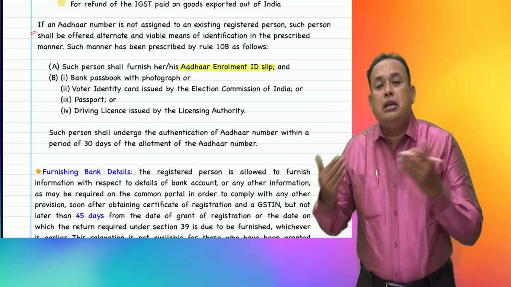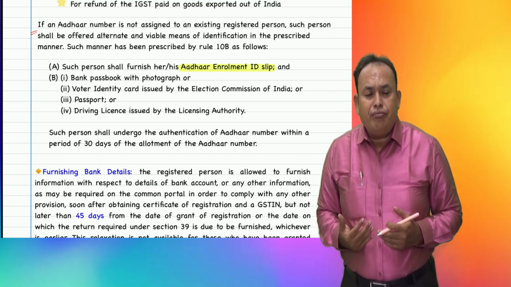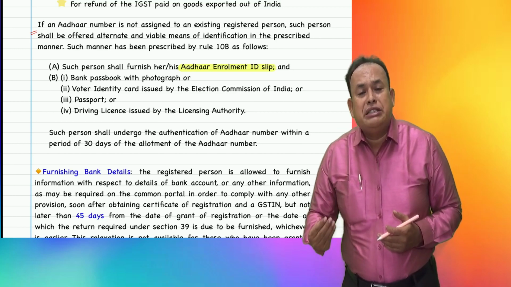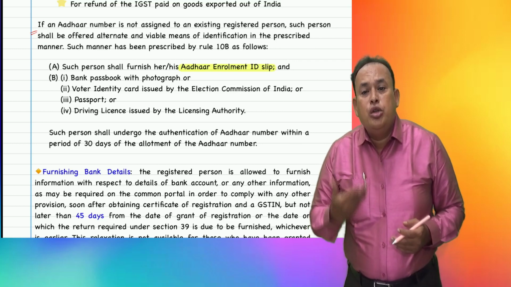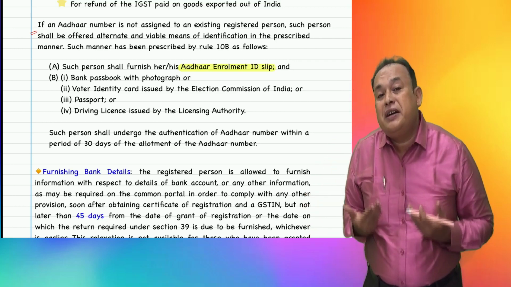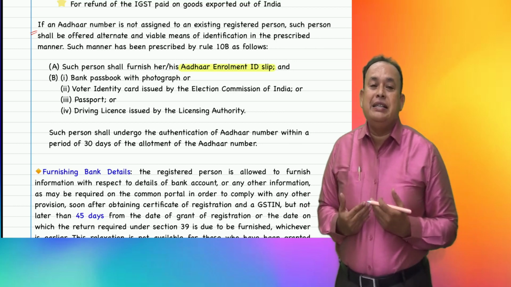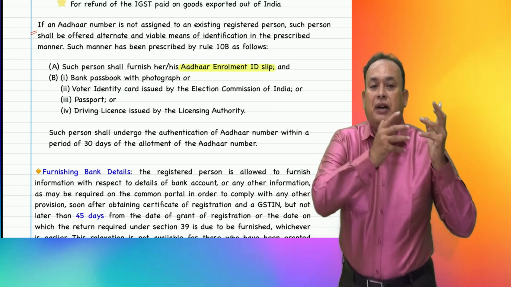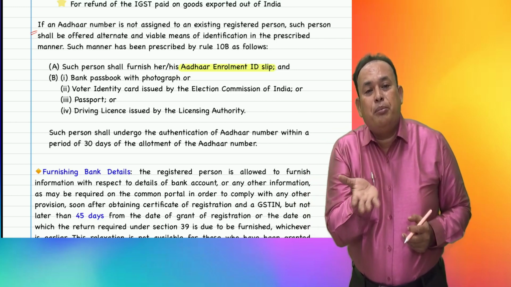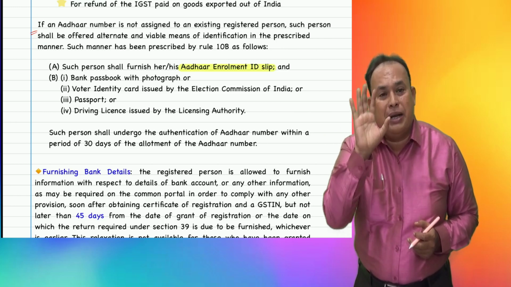You reply within 7 working days from the receipt of that notice in the form GST REG 04. At that time you have to ensure that such person furnishes his or her Aadhaar enrollment ID slip. I applied for Aadhaar, I have my acknowledgement number, the Aadhaar enrollment ID number I obtained.